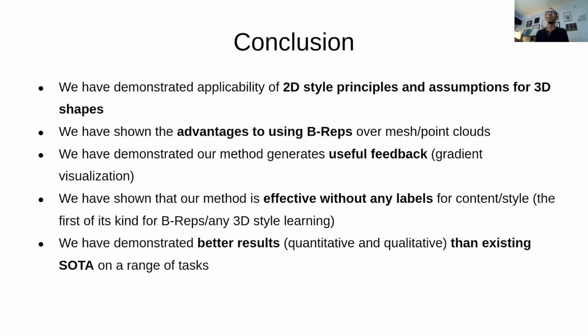We've demonstrated that we can generate useful feedback for a designer that can be used during the modeling process. And we've shown that our method is effective without any labels. So we don't need any labels for style or for content in order to train and take advantage of our model. And finally, we've demonstrated better results than the existing state of the art on a range of tasks.